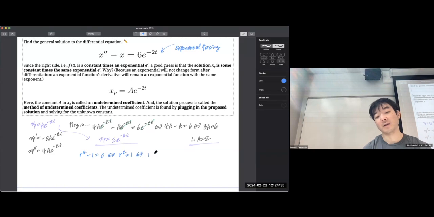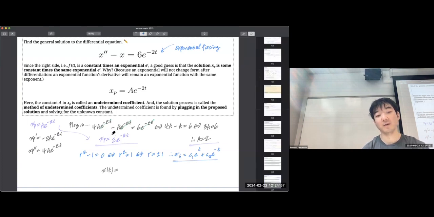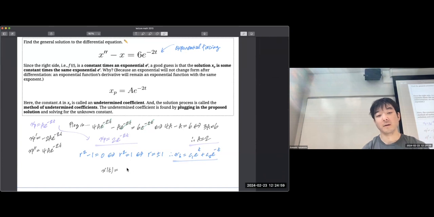And so clearly r is plus or minus 1. So your homogeneous solution is going to equal C1 e to the t plus C2 e to the negative t. And then you would just write your general solution, which is going to be your particular solution plus your homogeneous solution.